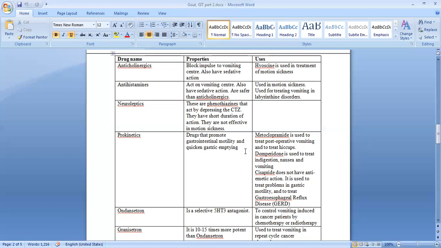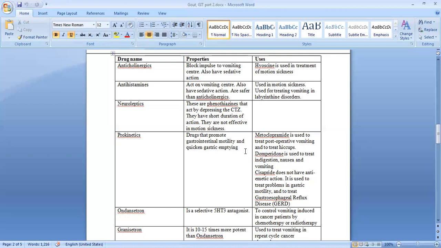And also, whenever somebody has undergone surgery, you know that vomiting puts a huge amount of pressure on the GIT, on the chest, and overall on the thoracic cavity. So you don't want that person who has just undergone surgery to be straining like that. So you want to avoid vomiting in such patients. So to treat post-operative vomiting, we can give metoclopramide.